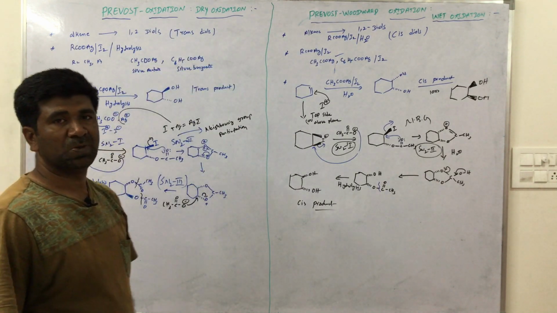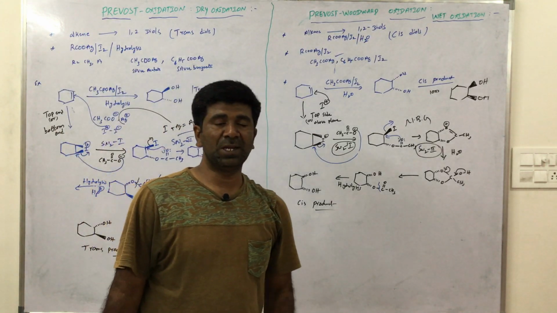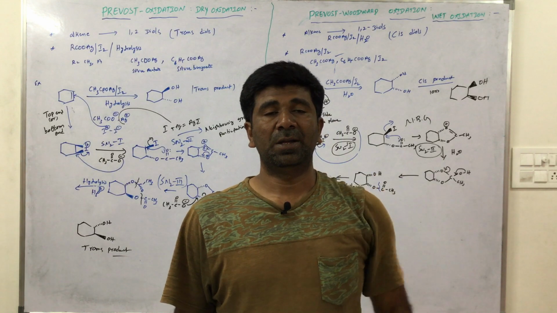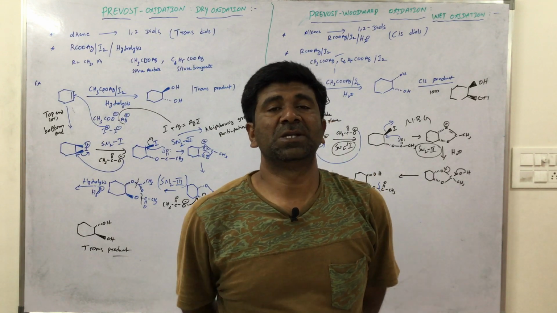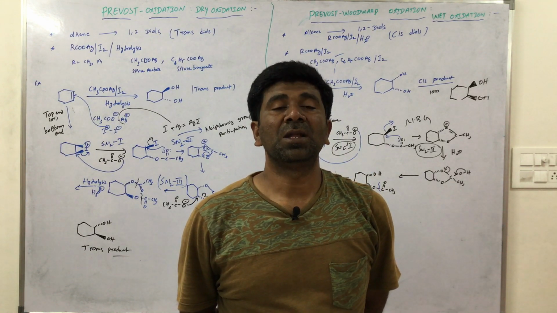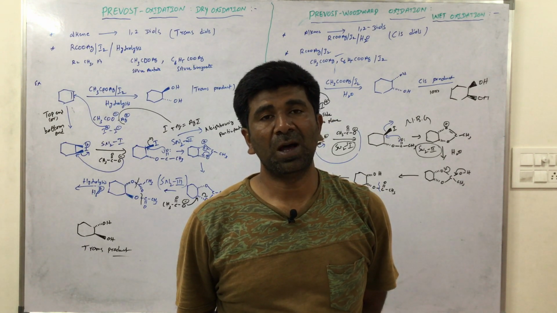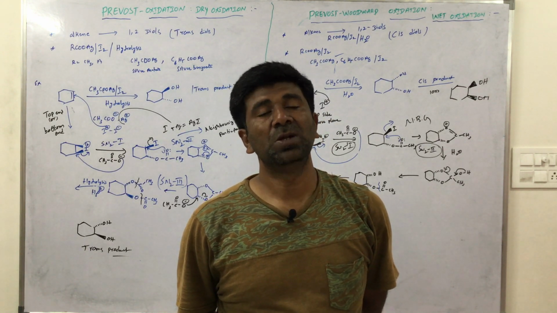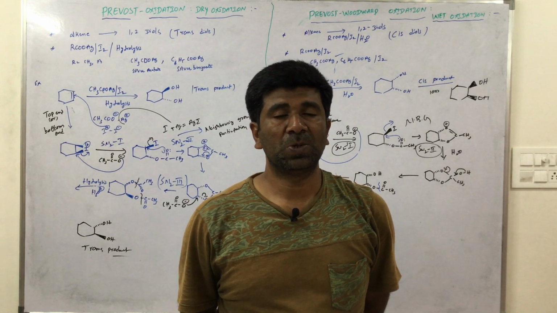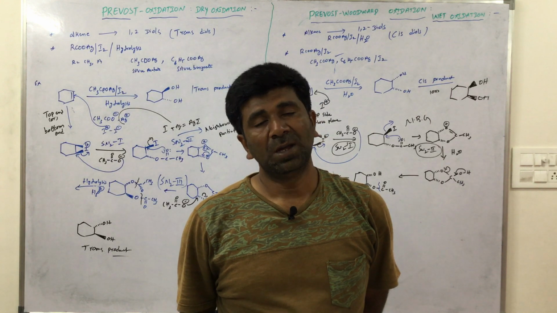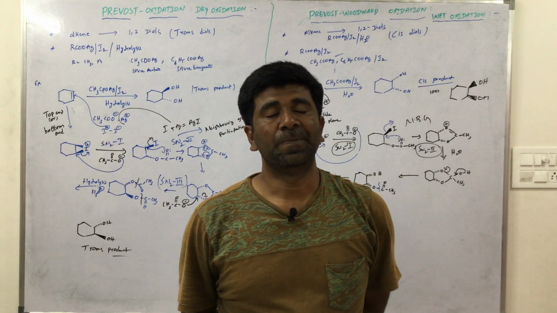Okay. The main criterion for the usage of silver acetate in the presence of I2 is alkenes. Alkenes get converted into 1,2 diols, whether cis or trans depends upon the reagent. Okay.